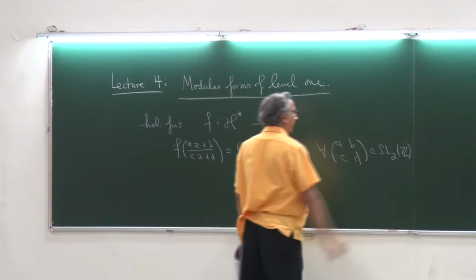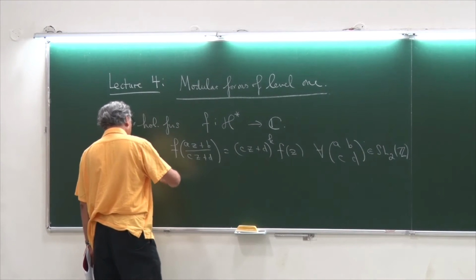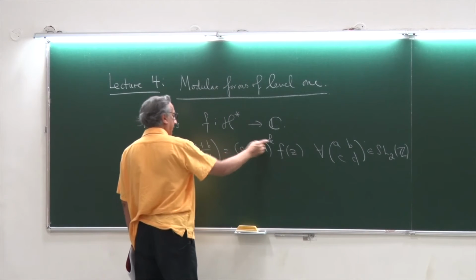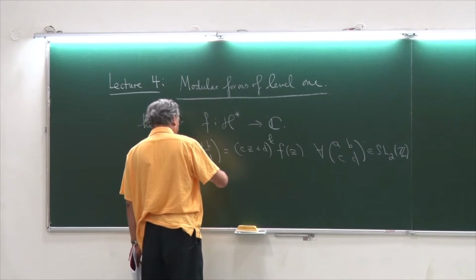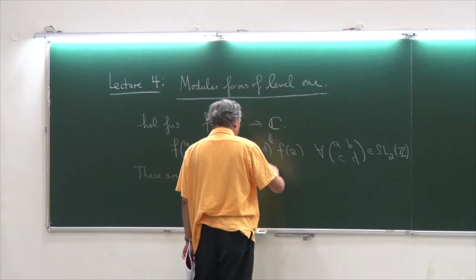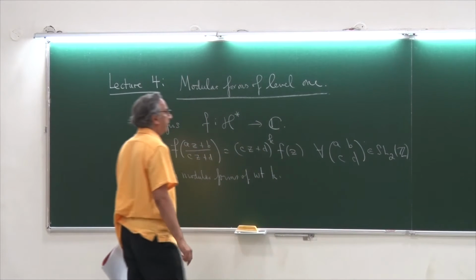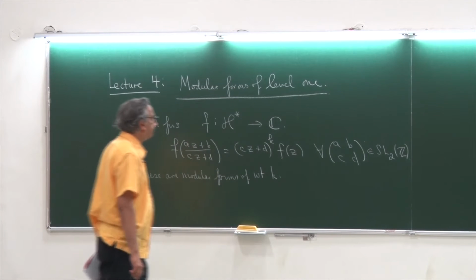So these are called modular forms. These are modular forms of weight k, the k here being the exponent in the transformation law.